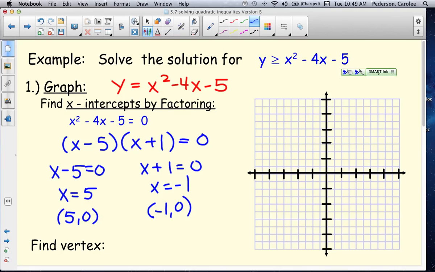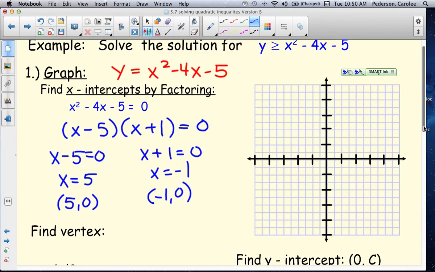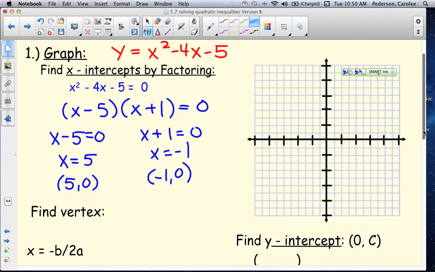Next, let's go down and find the vertex of the quadratic equation. This is in standard form, so we showed you a little shortcut earlier in chapter 5. To find the vertex, we take opposite of b over 2a. So this is my a value. My a value is 1.